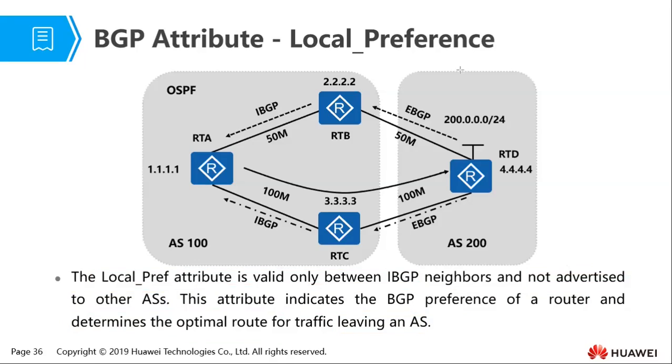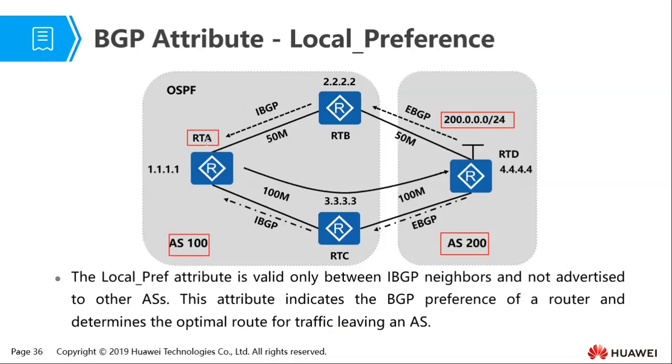So how is that? Let's look at this example. We have AS100 and AS200. Now, RTA can access this network on RTD via two paths.